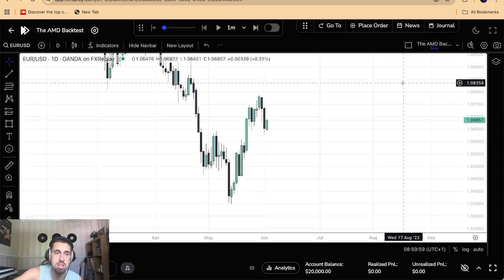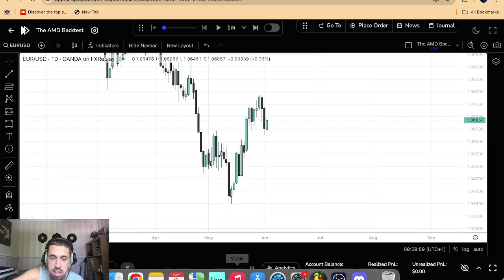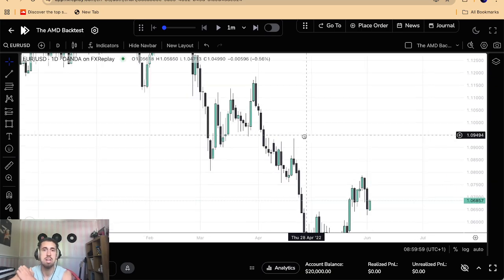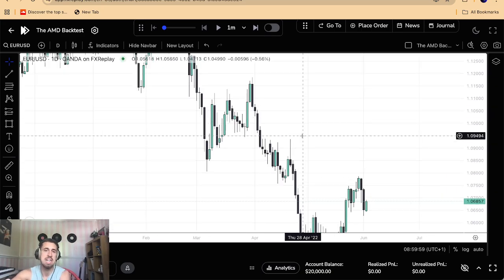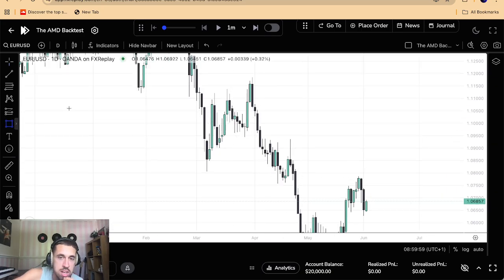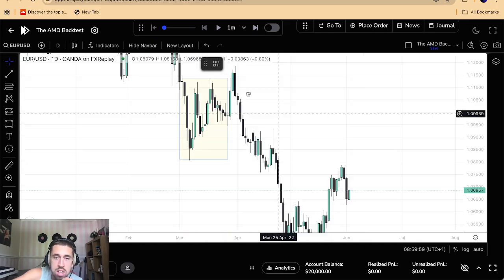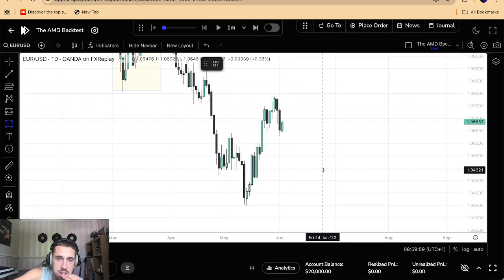Now that's the first thing. Second thing is, how do I spot accumulations? And there's another one here. So I'm gonna go through some of these accumulations, and then we're gonna realize what makes it accumulation, what doesn't.